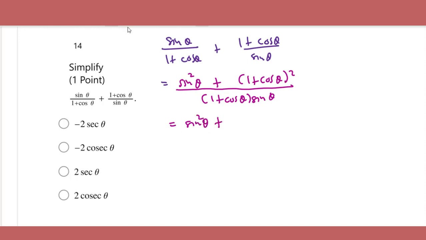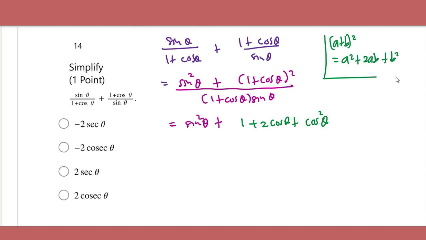Then expand this one: 1 plus 2 cos theta plus cos theta squared, using a plus b squared is equal to a squared plus 2ab plus b squared.